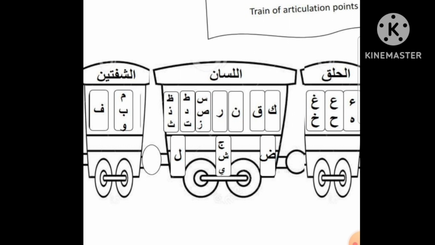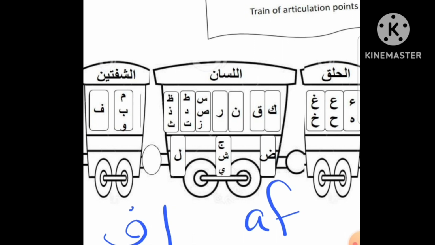Then you have the letter Fa. When you have to find the articulation point of Fa, you will write Fa and put an alif before that. You will say Af. When you say Af, can you see that the tip of your upper two teeth touches the lower lip?